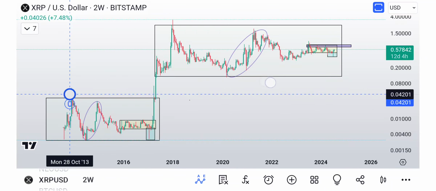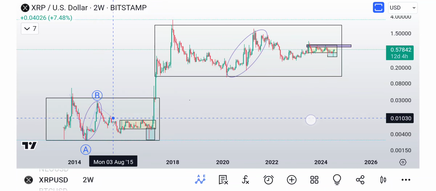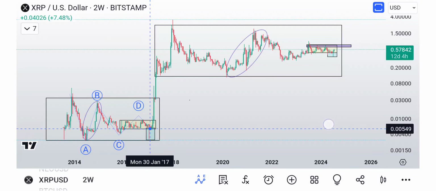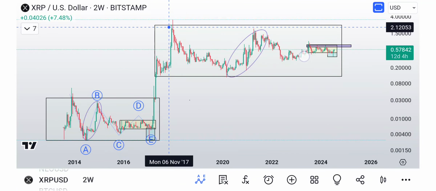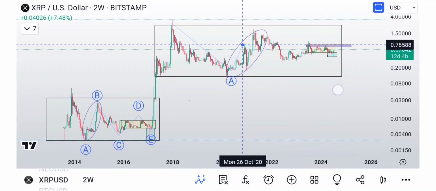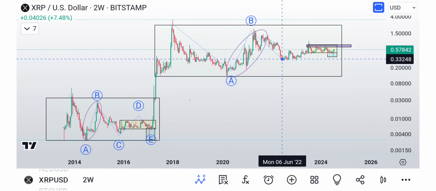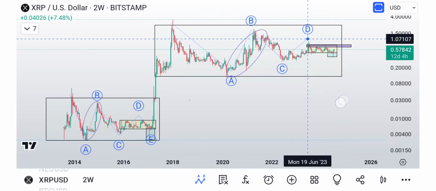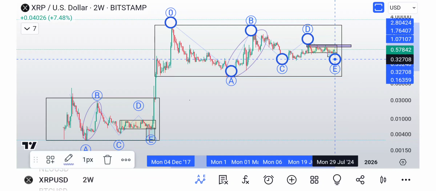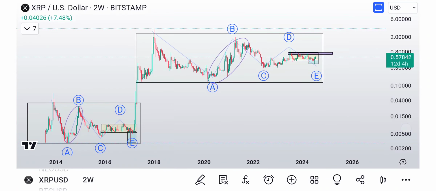Well, what about back over here? We had an A, B, C, D, E. We had a triangle. Well, guess what? That's exactly what we have here. A, B, C, right? D, and E. I have to change the degree on that, so don't worry about that. But essentially, that is the same thing, right? That's another point of confluence.